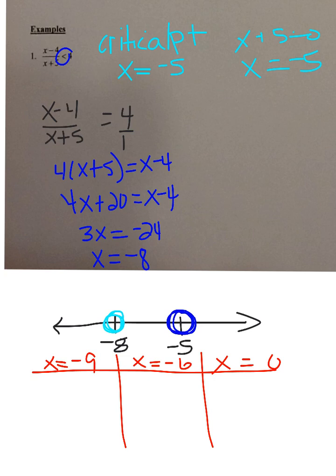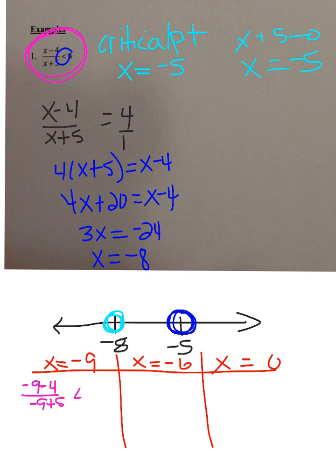All right, so now what you're going to do is plug each number in and evaluate it in the original inequality up here. And yes, you're using the inequality sign. All right, so I'm going to plug in now -9. So I have -9 minus 4 over -9 plus 5.